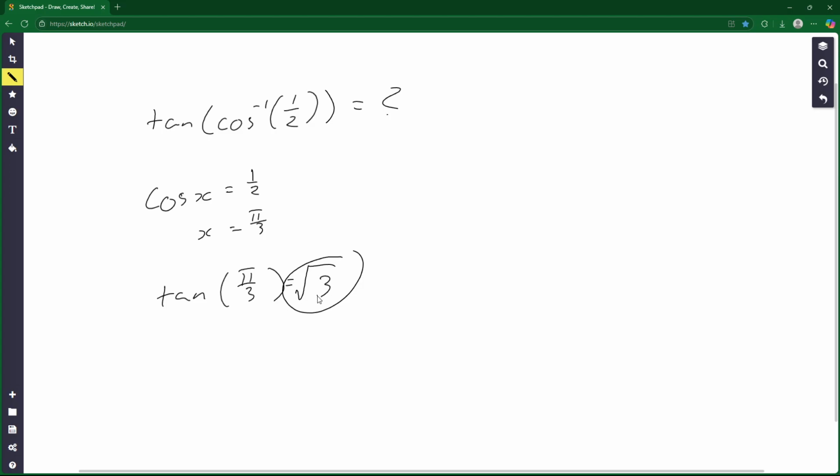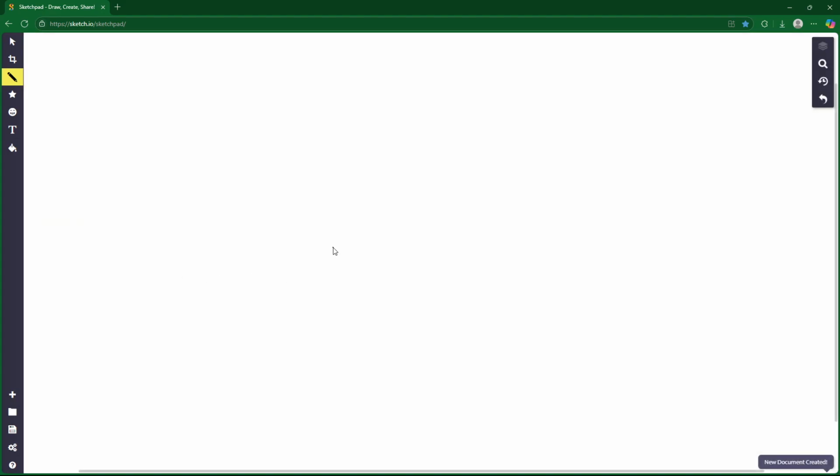Actually, one more thing. Whenever we have, let's say, sine inverse sine of root 3 over 2, these are going to cancel out.